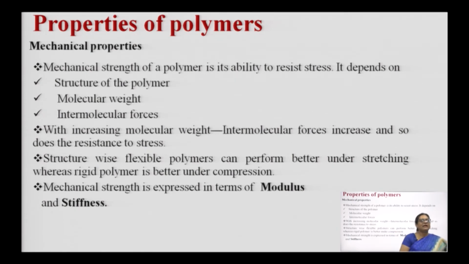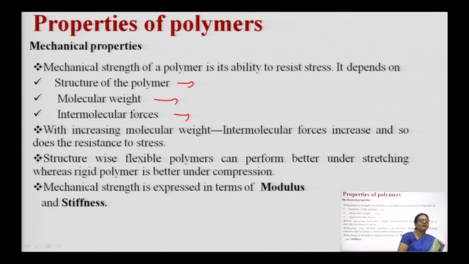Next are the mechanical properties of the polymer. Mechanical strength of a polymer is its ability to resist stress. On application of stress, how much a polymer deforms or resists deformation is called the mechanical strength of the polymer, and it depends upon the structure of the polymer, the molecular weight of the polymer and the intermolecular forces.